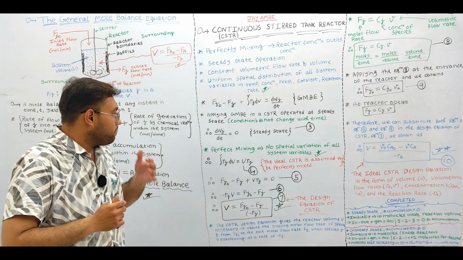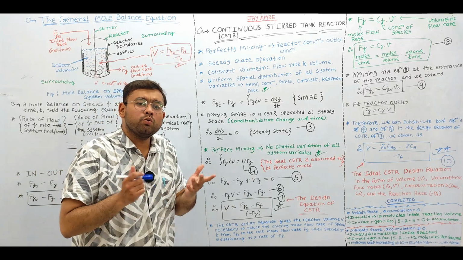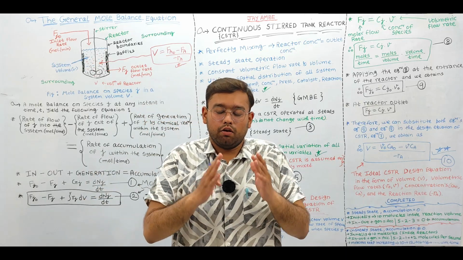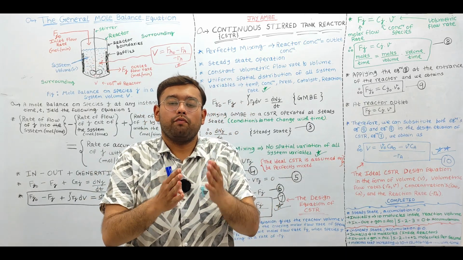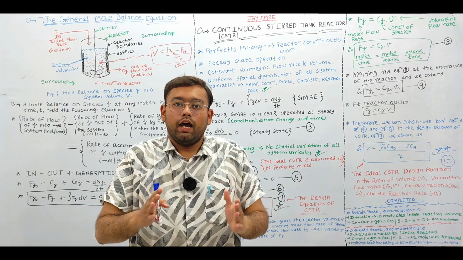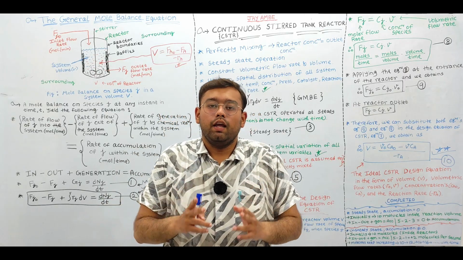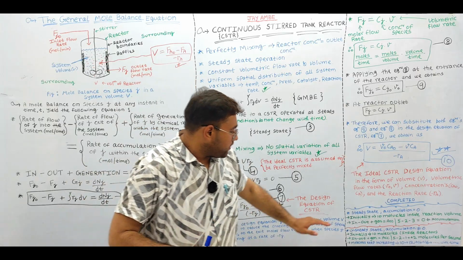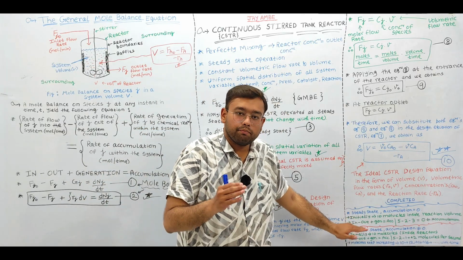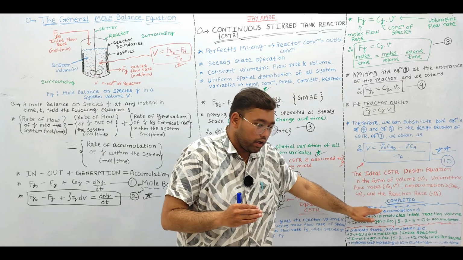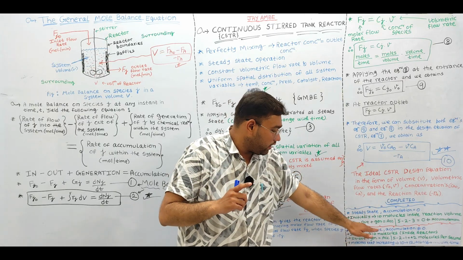In order to understand in detail and make it simple, I will explain the comparison between the steady state and the unsteady state. In this portion I have made the comparison of steady state operation and unsteady state operation.